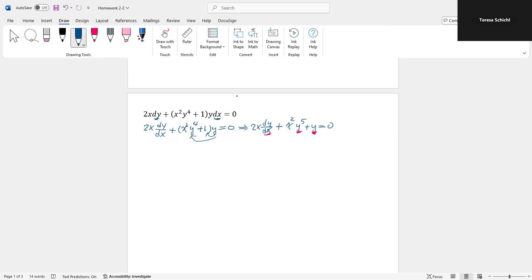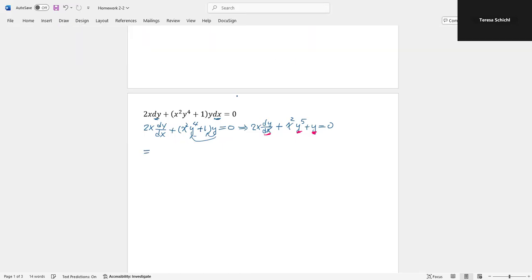So the next step, I will divide both sides by 2x. Okay, so I will have dy/dx plus x squared over 2x, y to the fifth, plus 1 over 2x y equal to 0.